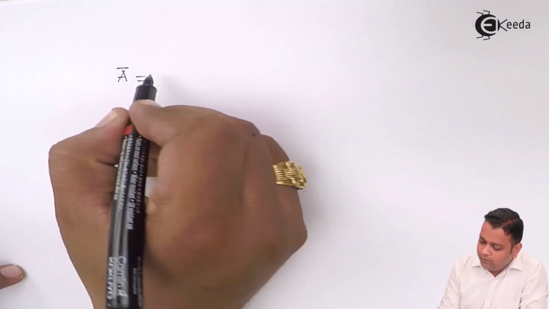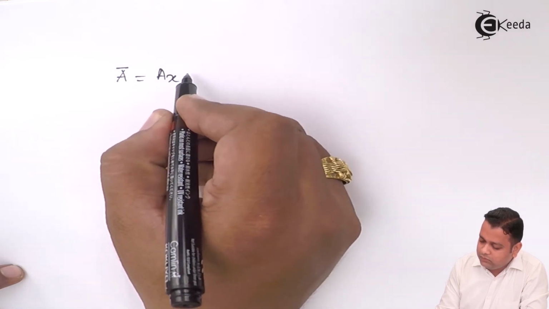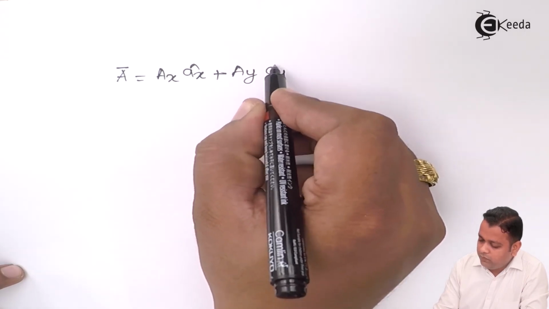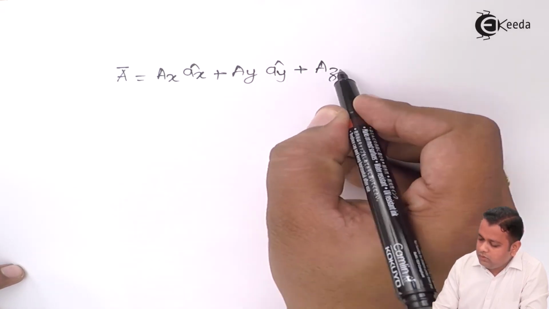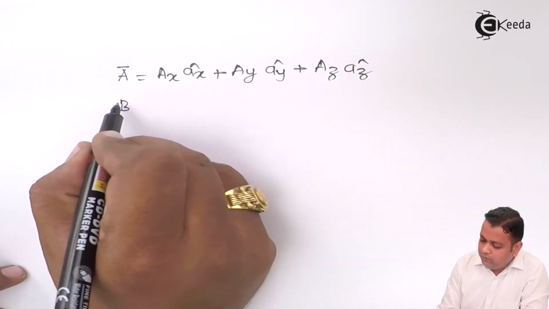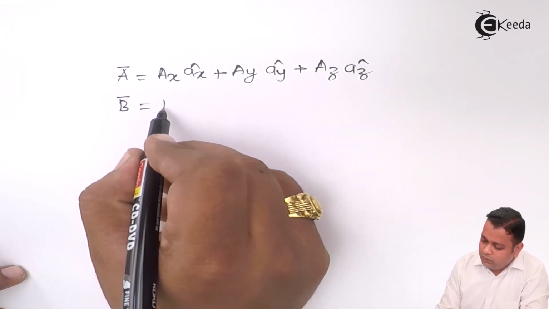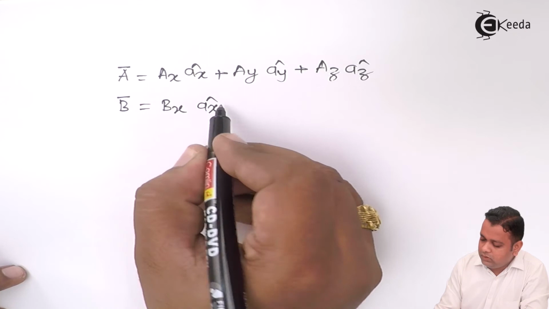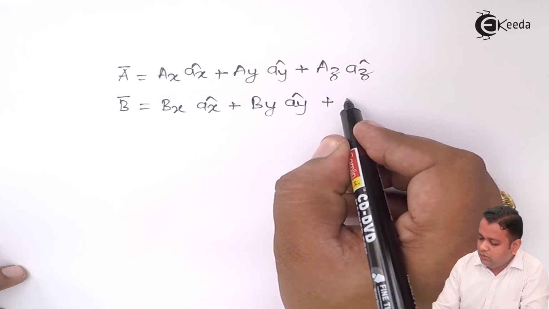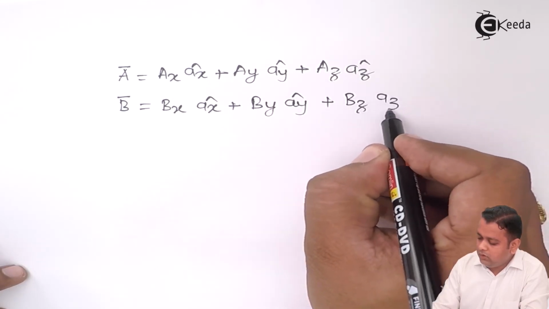Now the vector representation using the rectangular coordinate system in general we can show like this: a bar equals Ax ax cap plus Ay ay cap plus Az az cap. Suppose we have another vector b bar, it can be represented as Bx ax cap plus By ay cap plus Bz az cap.